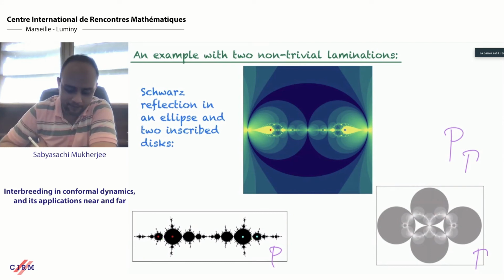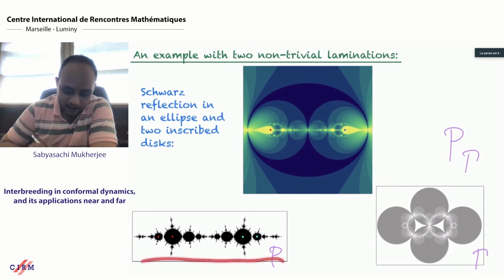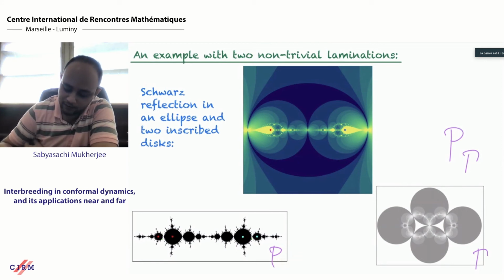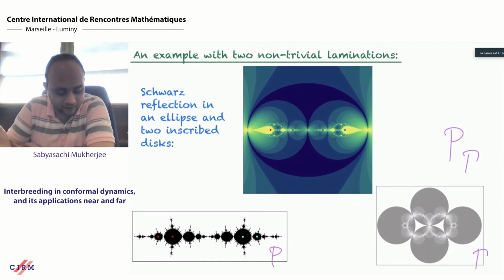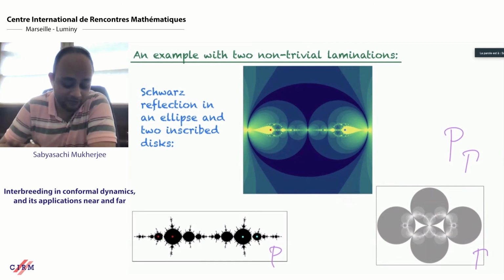So here's an example of a cubic polynomial. It's a double basilica, so both critical points form two cycles. The mating of this polynomial or anti-polynomial with the Nielsen map of this group is given by a very simple-minded Schwarz reflection map given by the exterior of an ellipse.